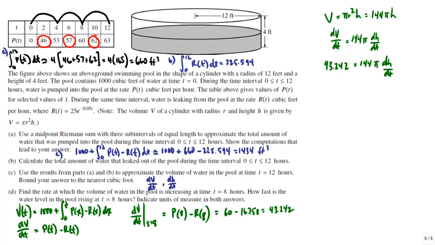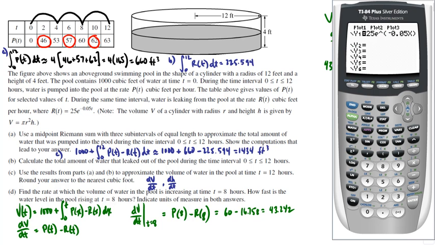So you recall that since we have y1 equal to 25e to the negative 0.05x, which is our r of t, then we can simply go to the home screen, vars, yvars, function, y1, and put in parentheses 8, and that gives us 16.758.